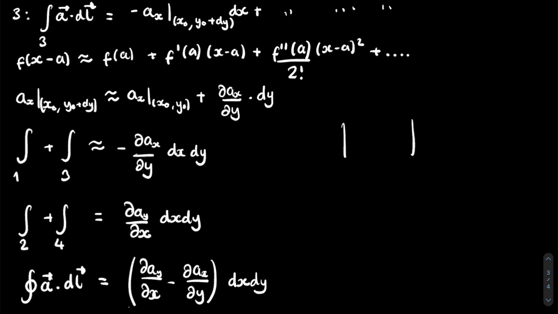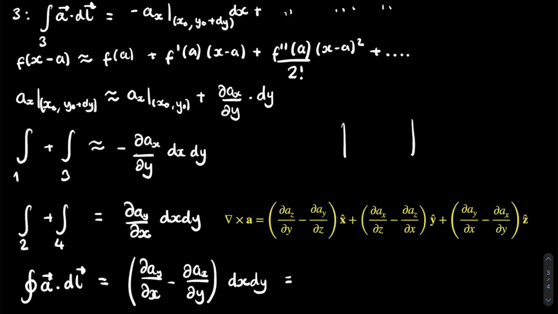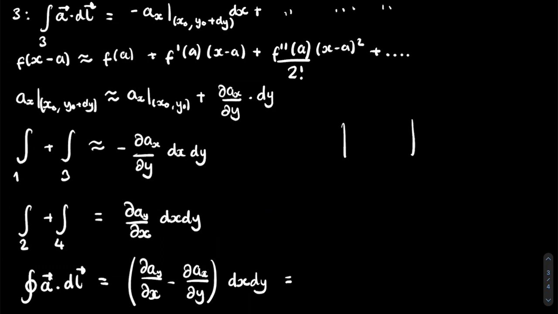Now, what is this term right here? Well, if we think about the expansion of curl, then this is actually one of the terms in the curl of a vector. Obviously when we take the curl of a vector field, we get another vector, and this right here is one of the terms that we get when we take the curl.